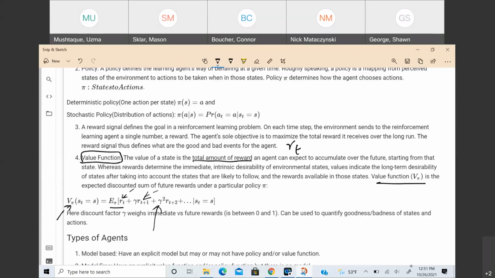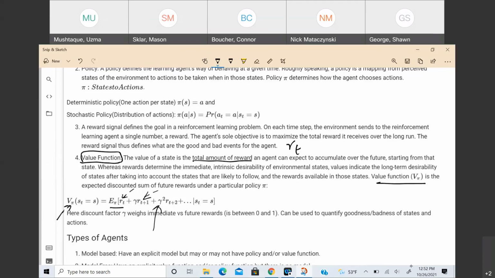Just think of gamma as some constant for now. It's a discount factor, and I'll talk about it in detail. What I'm trying to do is find the expectation of the total reward that I'm going to get in whatever number of time steps I'm looking at.